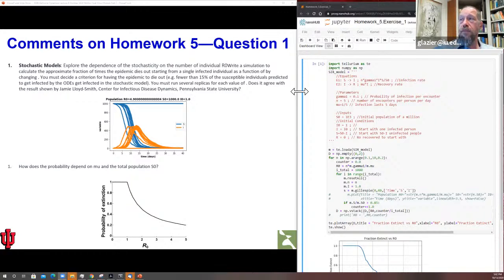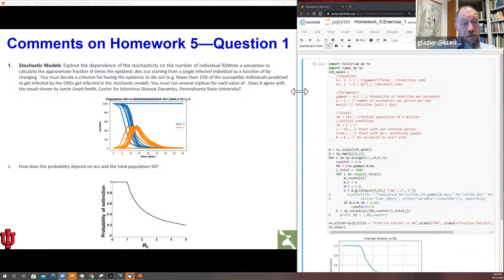But one of the things that we discussed was that in reality, even if on average R naught is 5, some people who get the disease may give it to nobody, and some people may give it to 200 people. R naught is the average number of people you give it to. And the actual way the disease spreads will depend on the specific outcome, not just on the average in reality.